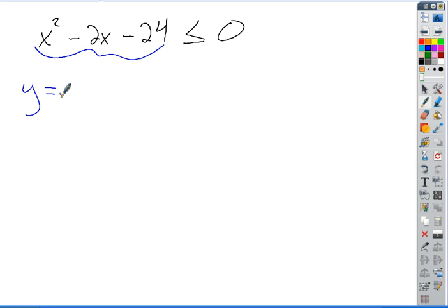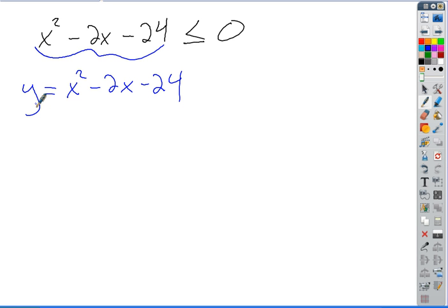Because really, when I write a quadratic function in the form y equals x squared minus 2x minus 24, it's the equation or the formula that's producing the y values, right? I feed this thing x values, and it gives me back y values, right?